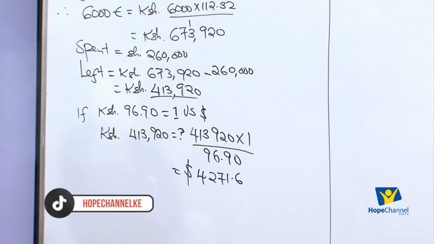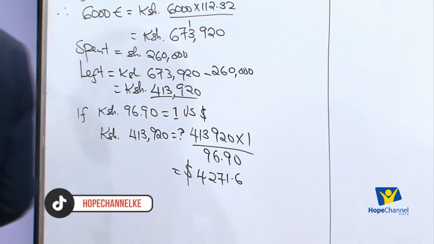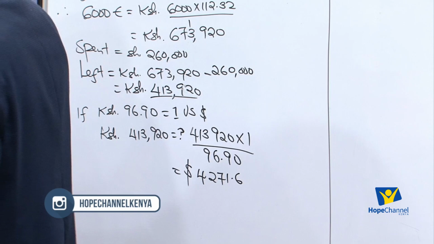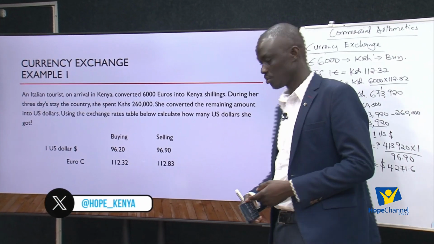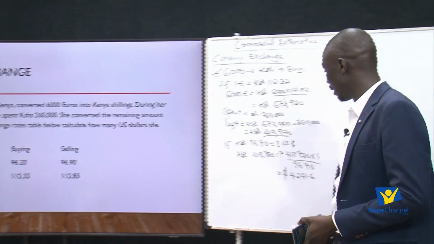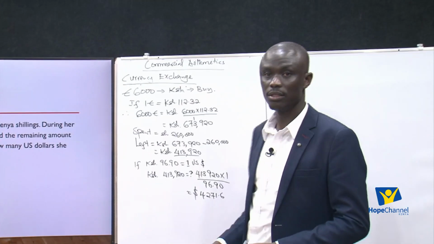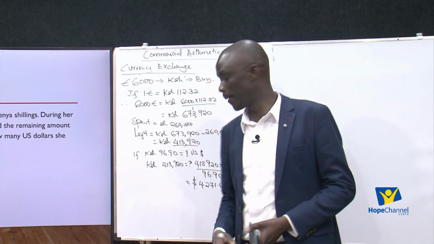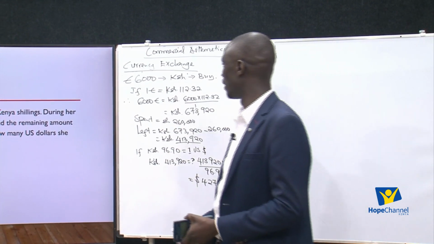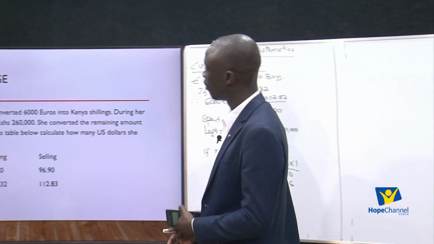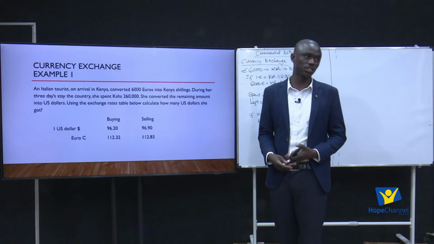So she converted the remaining amount into US dollars. Using the exchange rate below, calculate how many US dollars she got. So definitely she got roughly 4,271.6 US dollars. So that is the first example on how the currency exchange works.